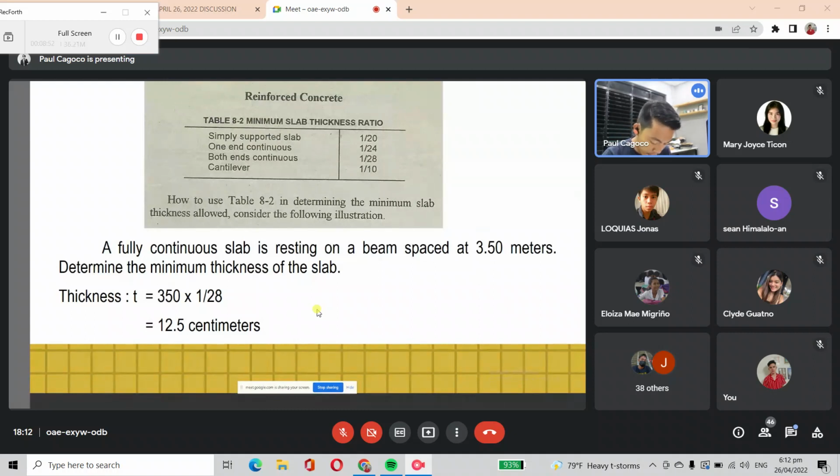So let's compute. So it's 0.35 times 1/28. The answer is 0.35, so 350 mm times 1/28.